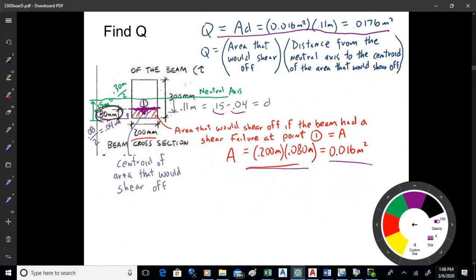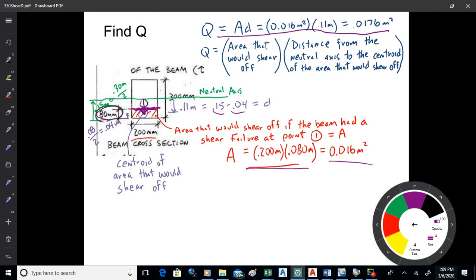All right, so the area that would shear off would be the 200 millimeters, 0.2 meters, by the height. It's 0.08 meters above the bottom of the beam. That's 0.016 square meters. Then we would measure down from the neutral axis to the centroid of that area. The total beam height is 0.3 meters, so half of that from the centroid down to the bottom would be 0.15.